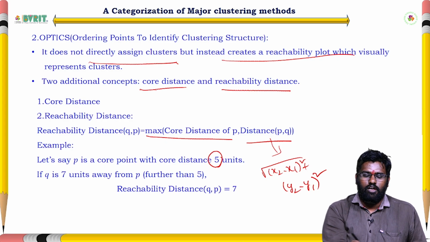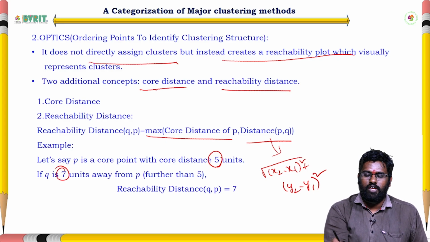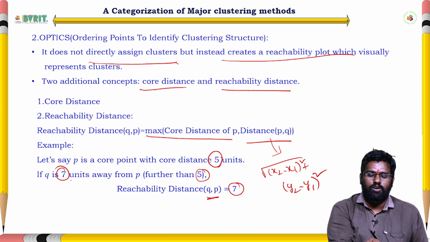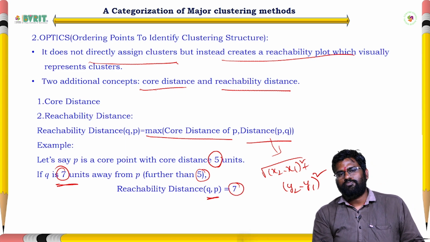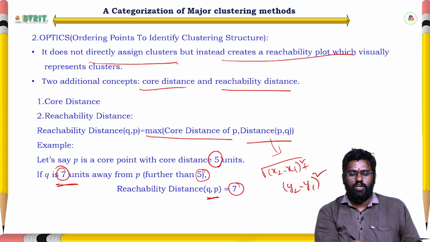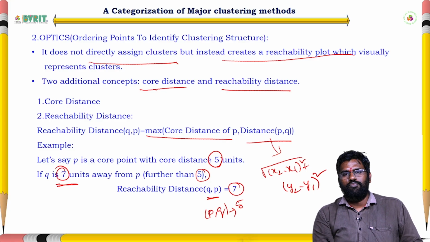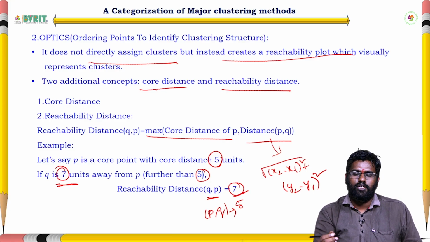If Q is 7 units away from P, then the reachability from Q to P is 7, because this is the higher value. For P to Q, that value is 5. Taking the reverse, whatever value applies from Q, that value we consider here.